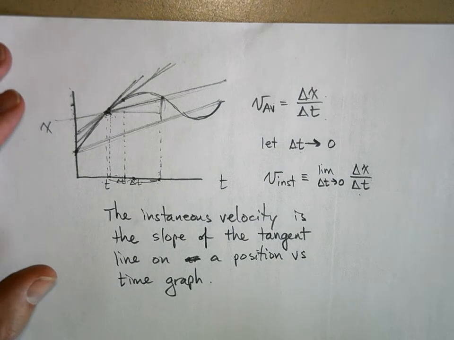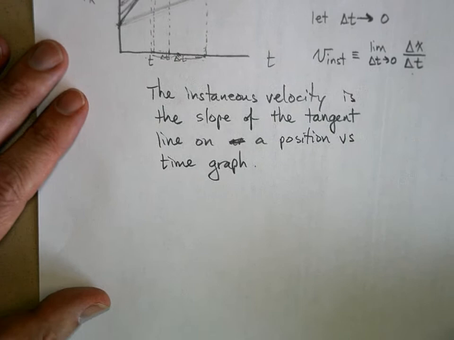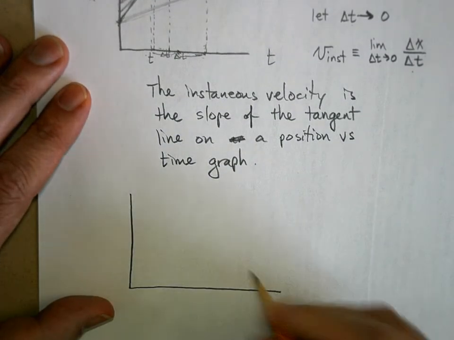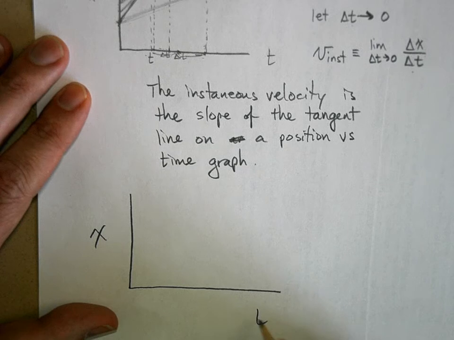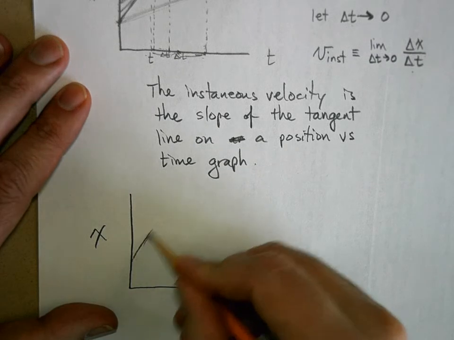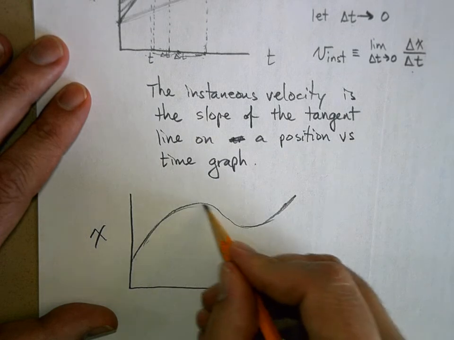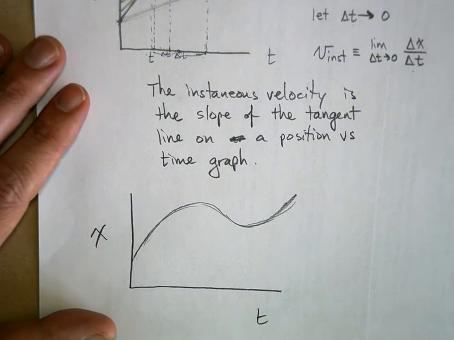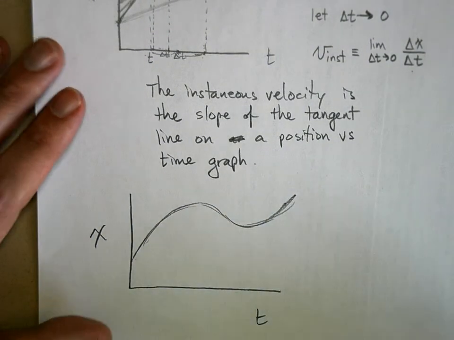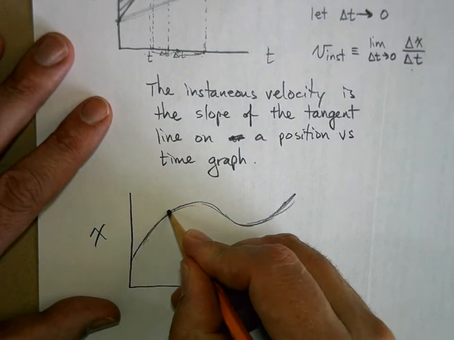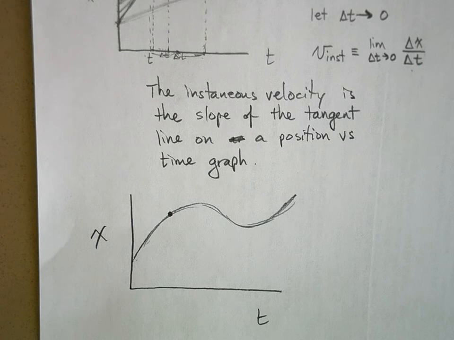So I'm going to redraw this because it got all messy. Position, time. So here's the graph I drew. What if I want to know, and pay attention right now because you're going to be doing this in a few minutes, what is the slope, what is the velocity at this time, t?